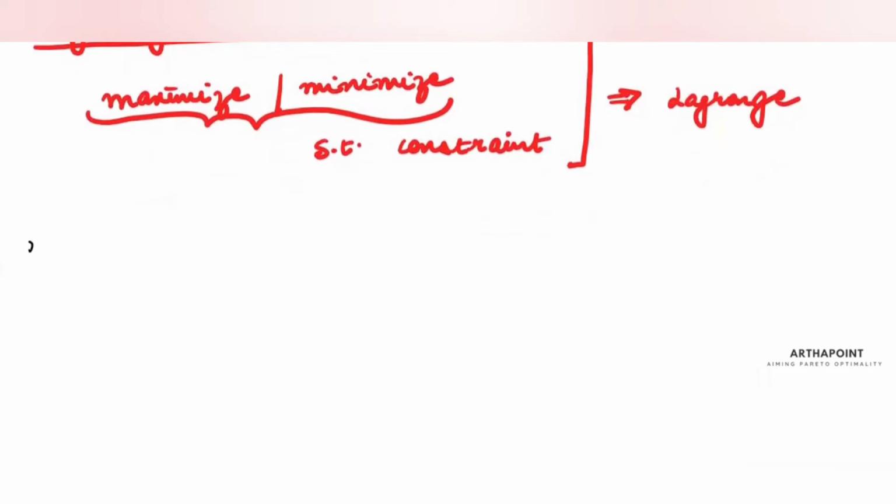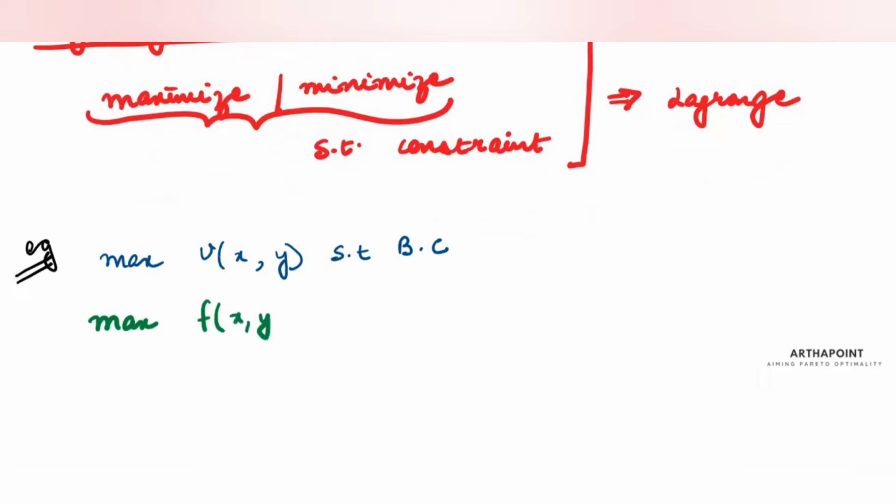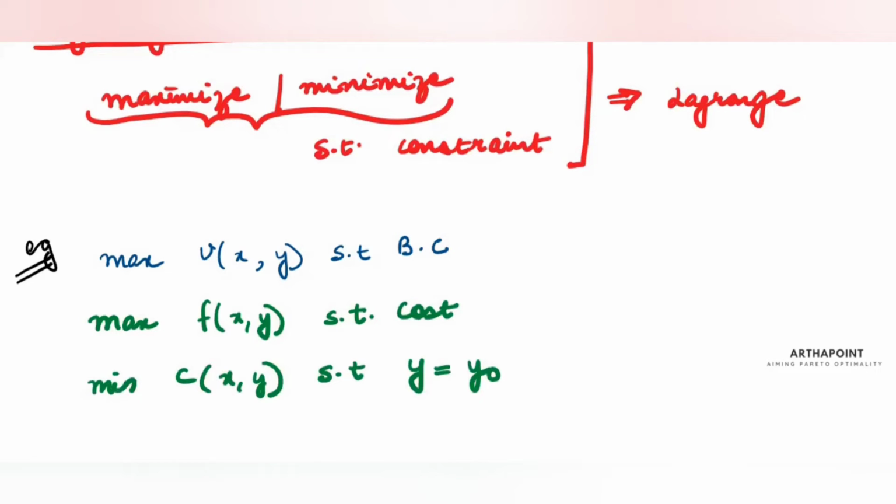For example, whenever you want to maximize your utility subject to your budget constraint, right? Or whenever you want to maximize your production function, the output that you produce, subject to your cost. Or whenever you want to minimize your cost, subject to a given level of output. So subject to your production function, simply.